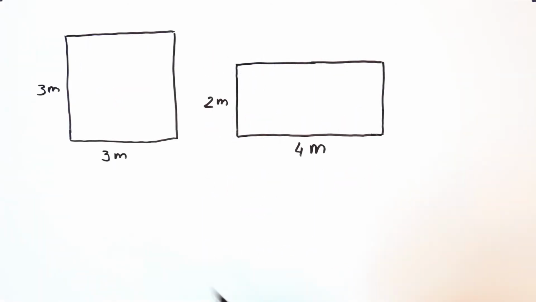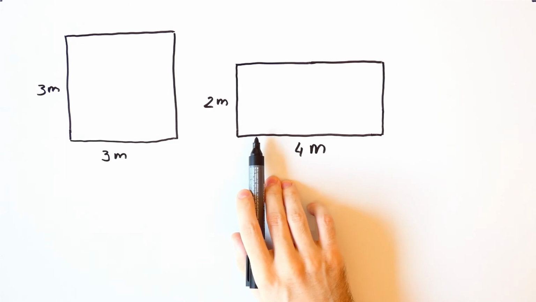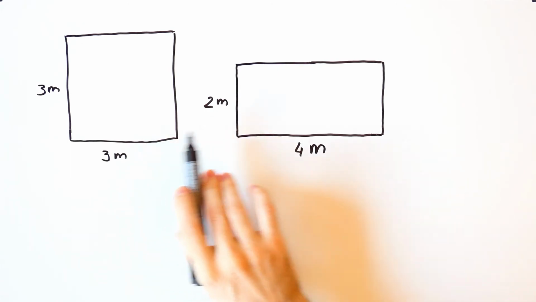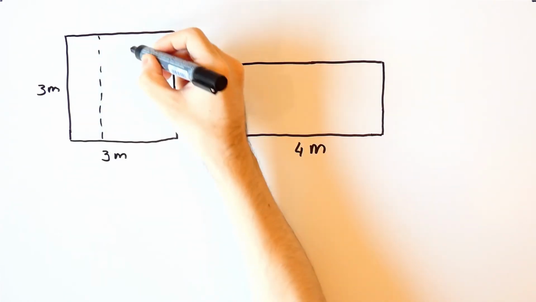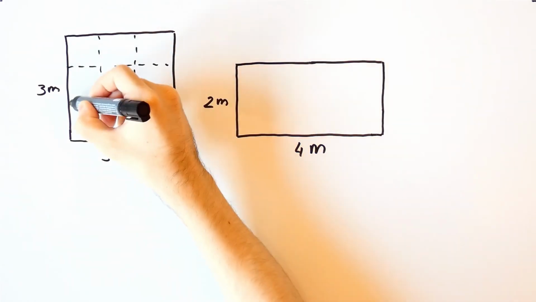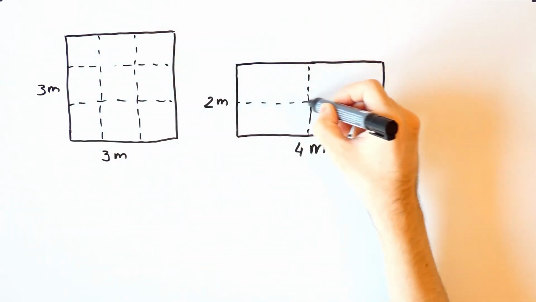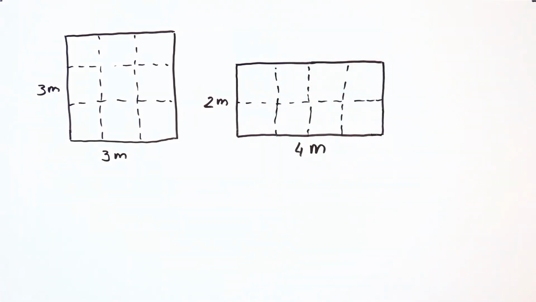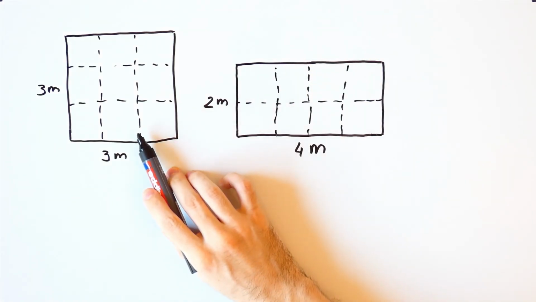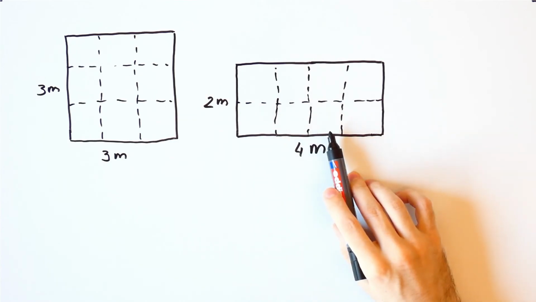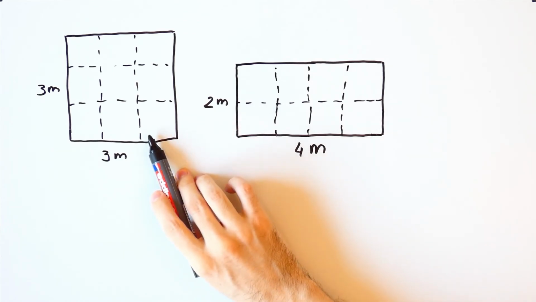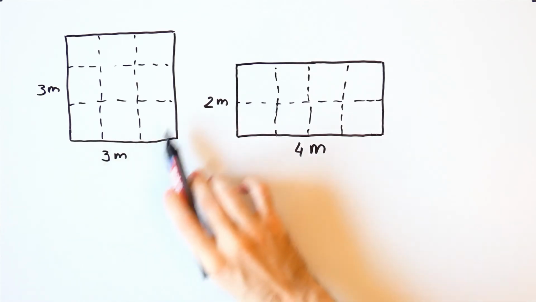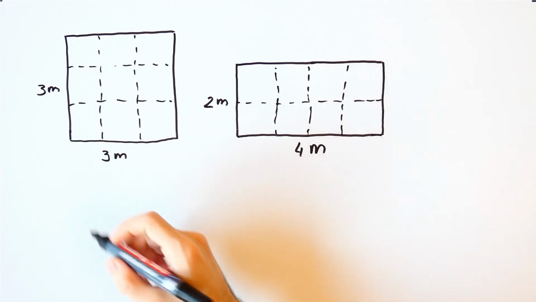Let's now return to the problem of painting the walls. If we divide this square and this rectangle into squares whose sides are 1 meter, then the square is divided into 9 and the rectangle into 8 smaller squares, and each of these smaller squares has an area of 1 square meter, so the area of this wall is 9 square meters.